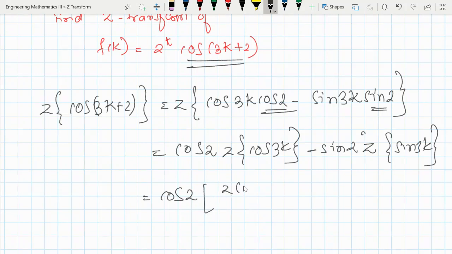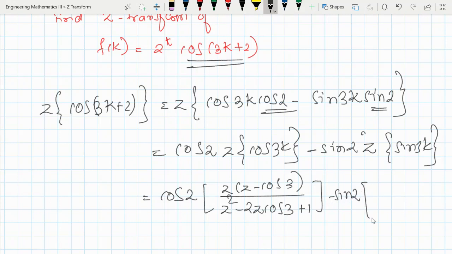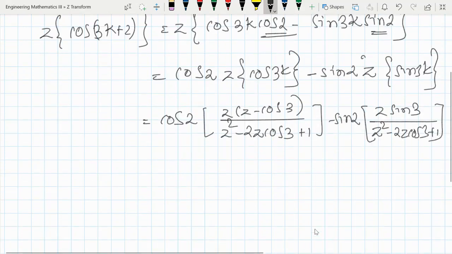It is z into z minus cos of 3 divided by z square minus 2z into cos of 3 plus 1, minus sine 2 as it is. Z transform of this is nothing but z sine of 3 divided by z square minus 2z cos of 3 plus 1. We know the results from that.